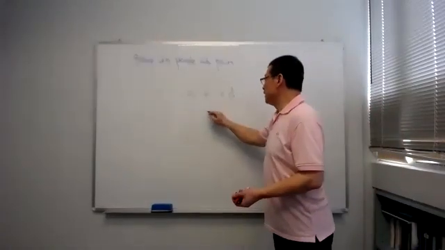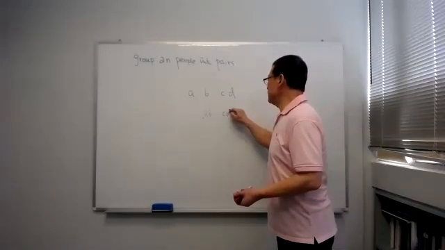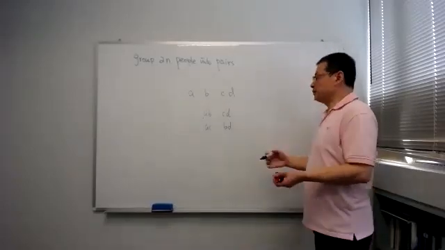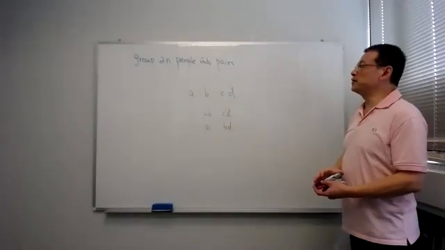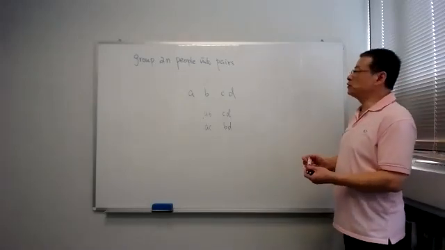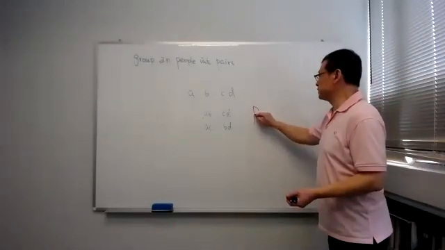We can group as AB and CD. We can do AC, BD, and so on. So we want to find the number of different ways to group 2n people into pairs. So how can we do it? Suppose we use Pn to denote this number.